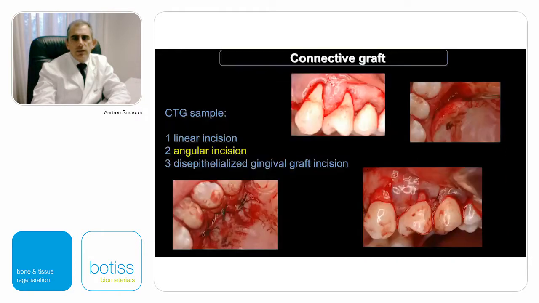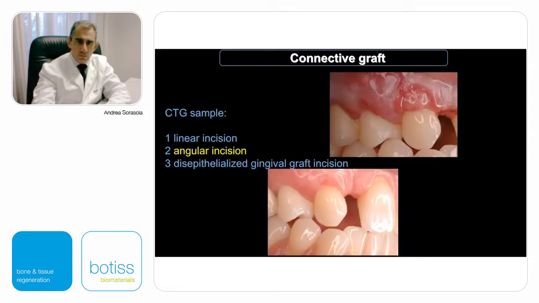Next clinical case, another angular incision, in this case executed for multiple Miller second class recessions and a tunnel technique. Healing and checkup after 3 years.